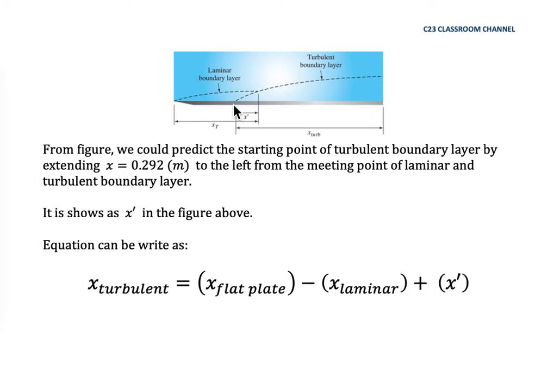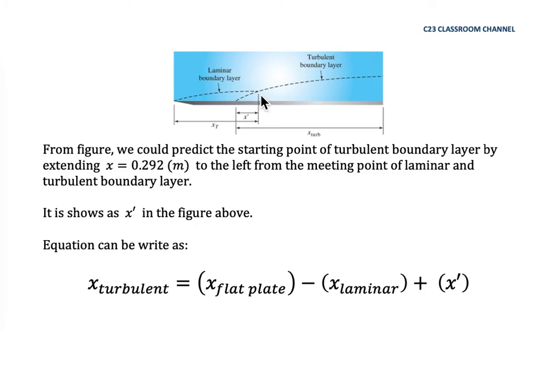So what we need to do is, we know that the laminar boundary layer creates a boundary layer thickness here, and we can determine it by using the Blasius solution. Then we substitute the value of the critical Reynolds number here. This is the critical Reynolds point. So we substitute the critical Reynolds number to get the delta, or the boundary layer thickness, at this point.